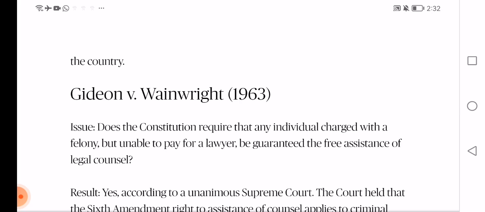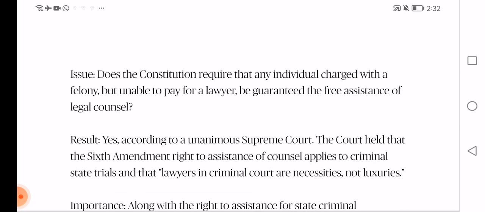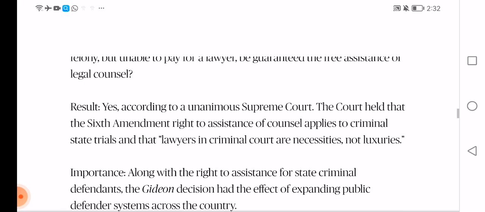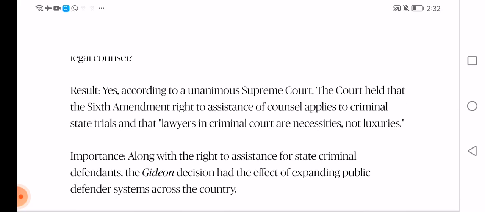Gideon v. Wainwright, 1963. Issue: does the Constitution require that any individual charged with a felony but unable to pay for a lawyer be granted the free assistance of legal counsel? Result: yes.